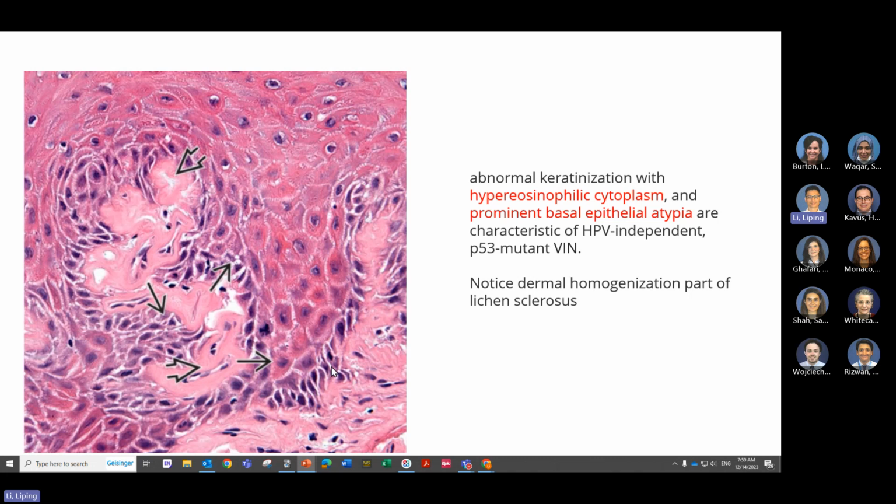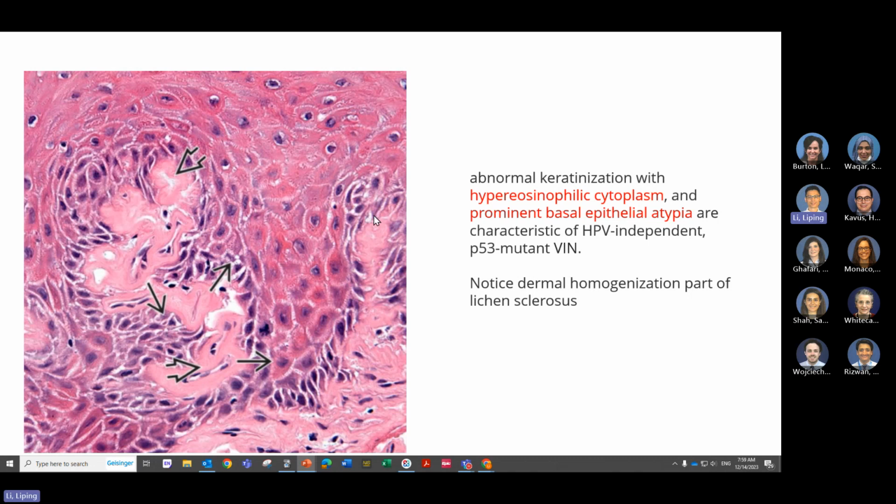But other than that, in other layers, like the spinous layer, we can see this eosinophilic cytoplasm, like this squamous cell would like to mature, but is not as pleomorphic and atypical as the basal cell layer. So this is a characteristic of the HPV-independent P53 mutation VIN.